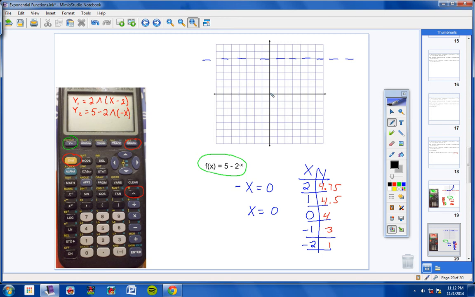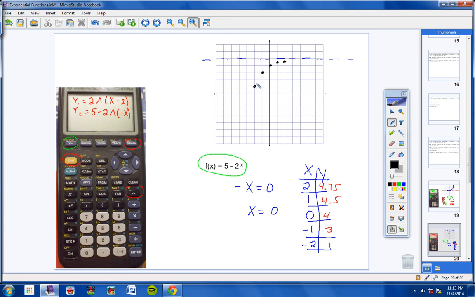Over 2, up 4.75. To here, 1, 4.5, 0 is 4, -1 is 3, and -2 is 1.